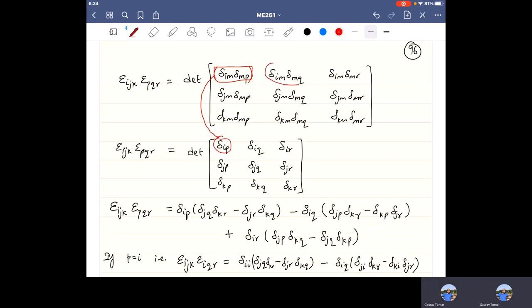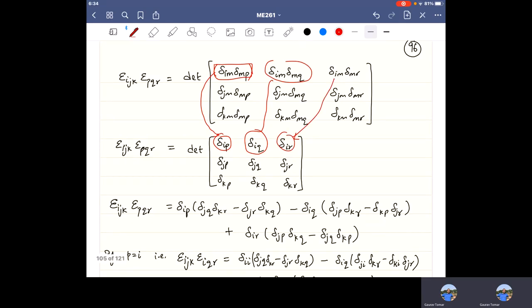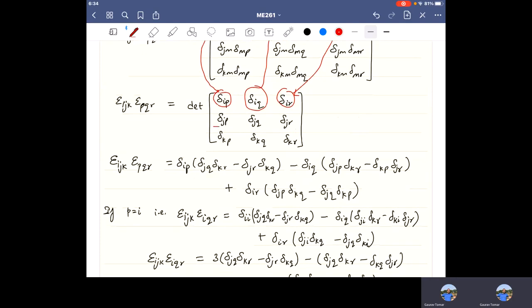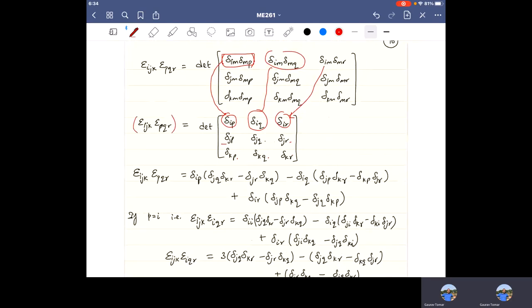Similarly, you can write this one as only delta IQ and delta IR from here, right? Similarly, other quantities like JP, JQ, JR, KP, KQ, KR, they're all coming. So what you have done is you reduced this epsilon ijk into epsilon pqr into this form.